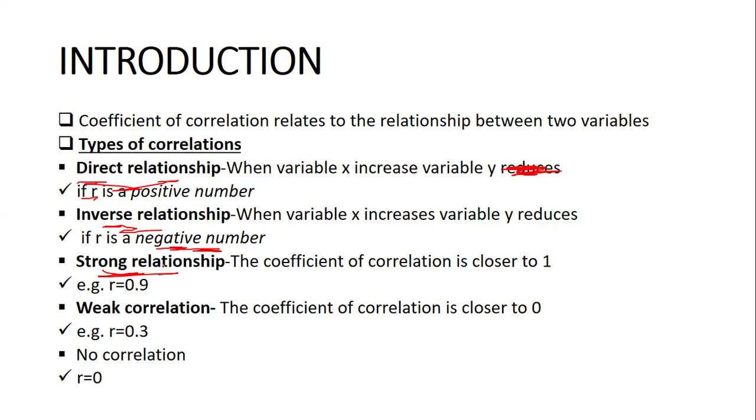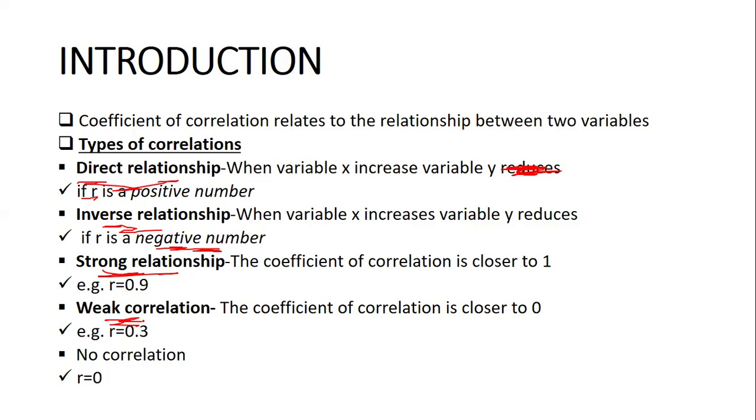So it simply means the relationship there is strong. Then there's also what we call a weak correlation. Figures such as negative 0.1 are closer to zero. So the farther away a digit is from one, the weaker the correlation.